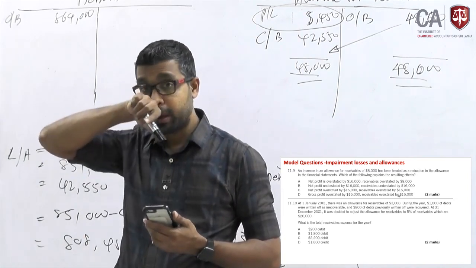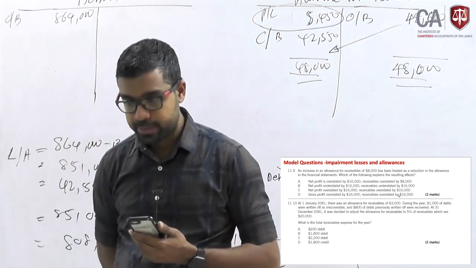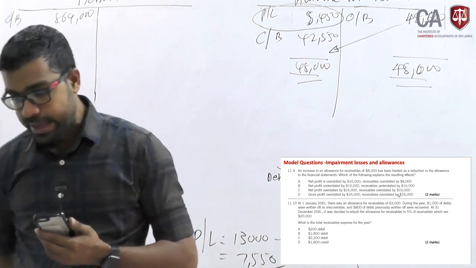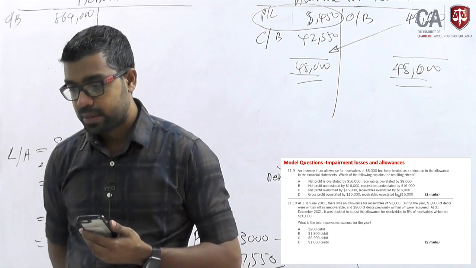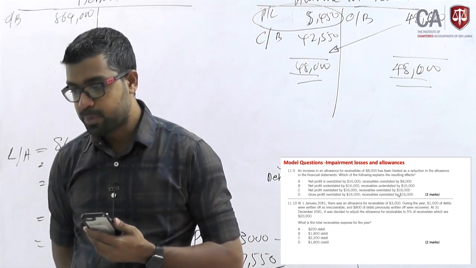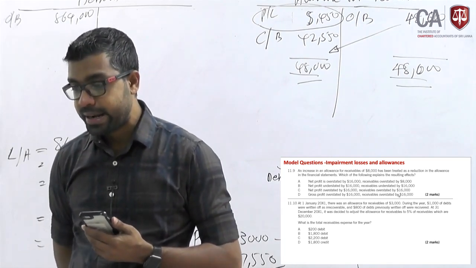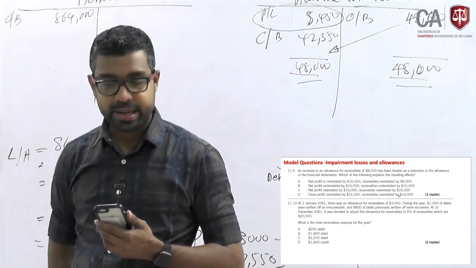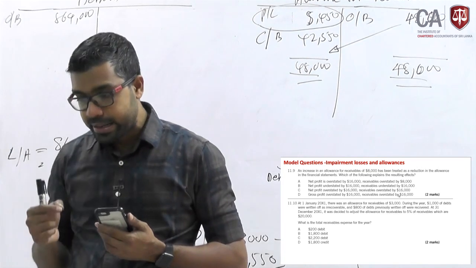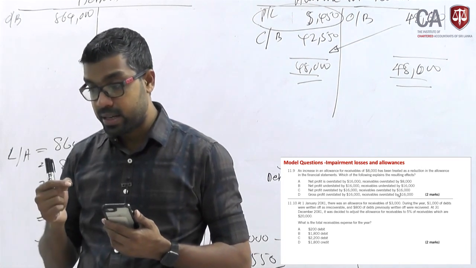Question number 9. An increase in an allowance for receivable of 8,000 has been treated as a reduction in allowance in the financial statement. Understanding is very important.